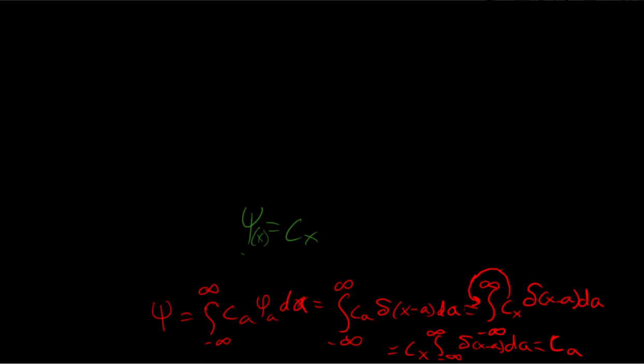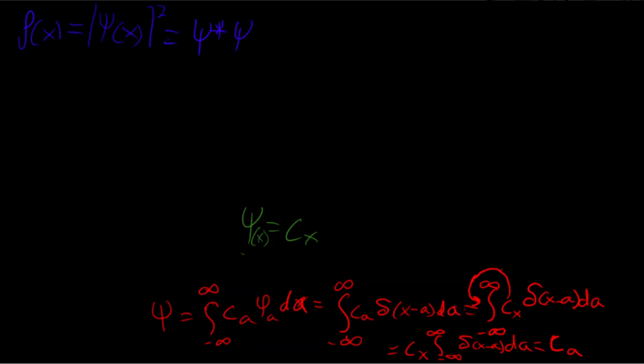So we now know the probability density of x, of the particle being at x, is equal to the value of the wave function, psi of x, norm squared, which is equal to the wave function complex conjugate times psi itself.